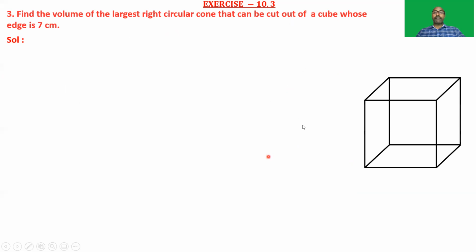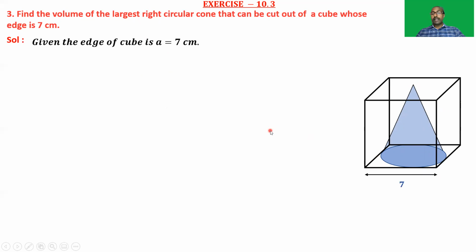So here I have a cube, and this is the shape of the largest cone which can be cut out from this cube. Given that the edge of the cube is 7 centimeter, take it as a.